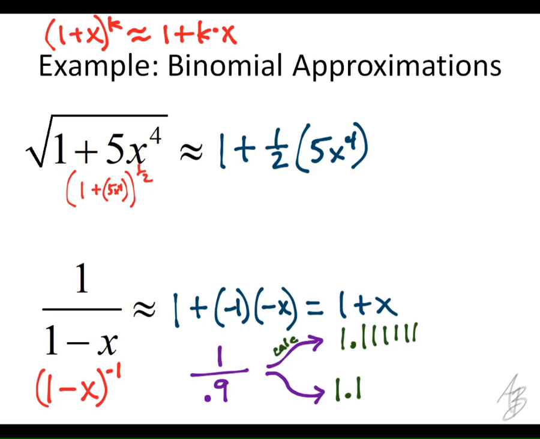This is just a special case of linearization, where if we have a binomial 1 plus something raised to any power, we can approximate it fairly easily and get rid of the exponent. And exponents, especially before we had calculators, which you guys have now, were not easy to work with. So being able to get rid of the exponents was really useful.